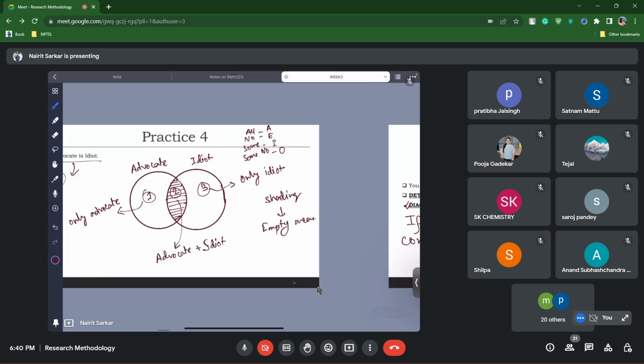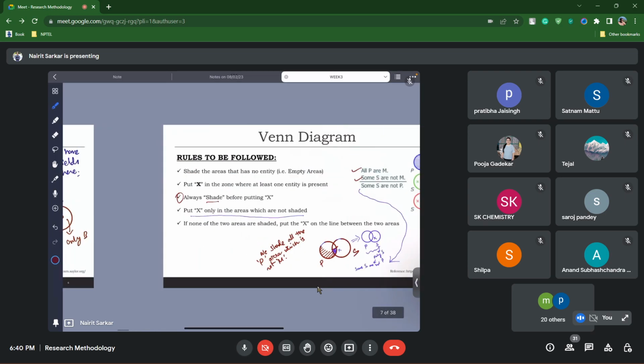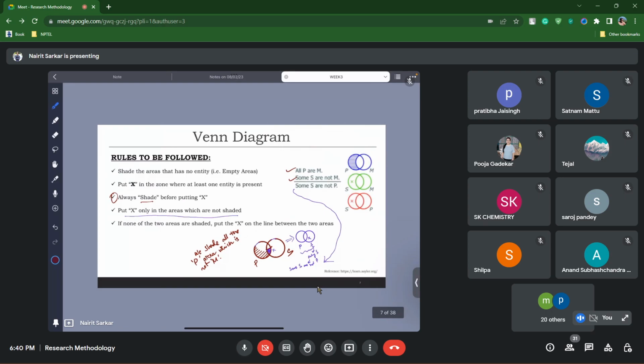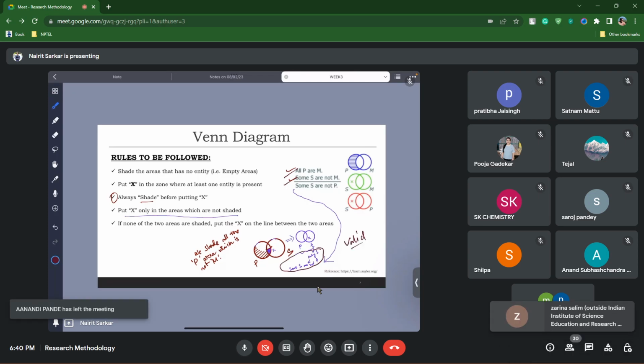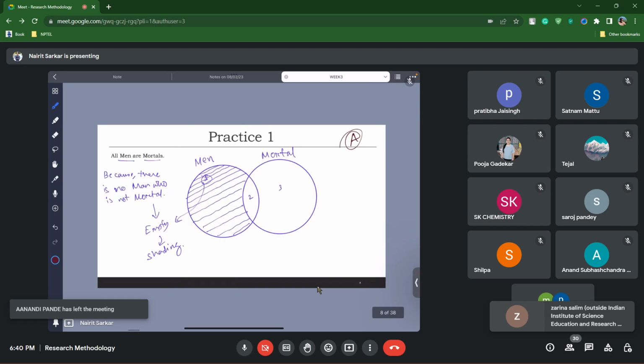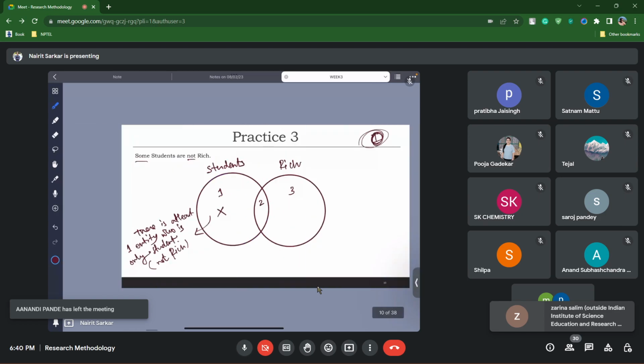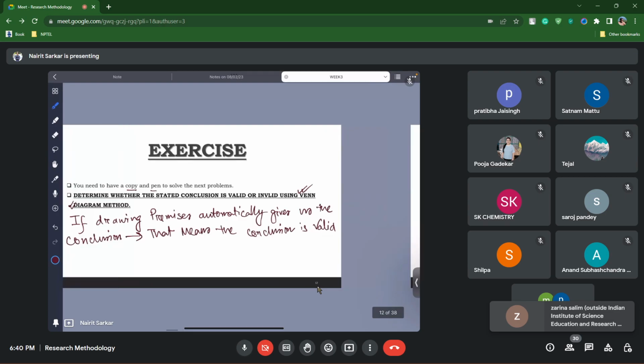Like this one, we shaded the areas for premise 1 and premise 2, and the conclusion already arrived at the result, so that means it was a valid one. Likewise, we'll do the same thing here also for the exercises.